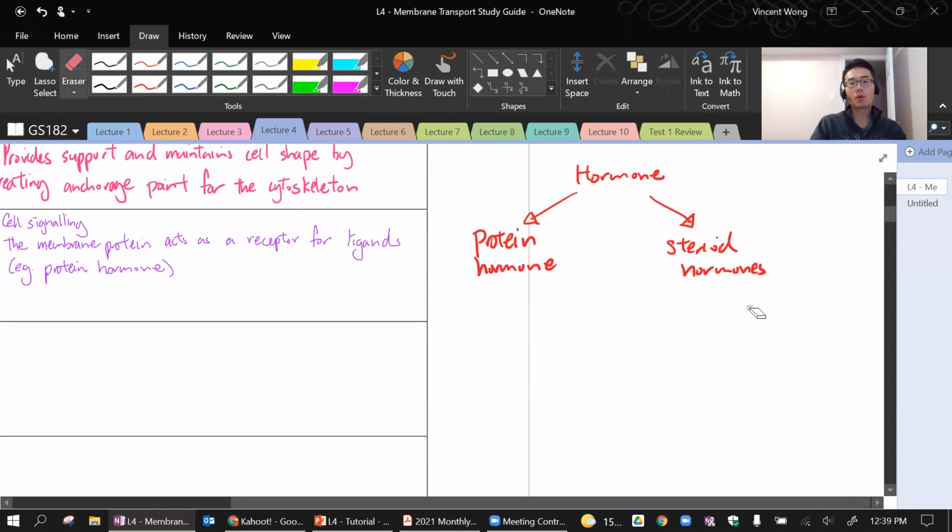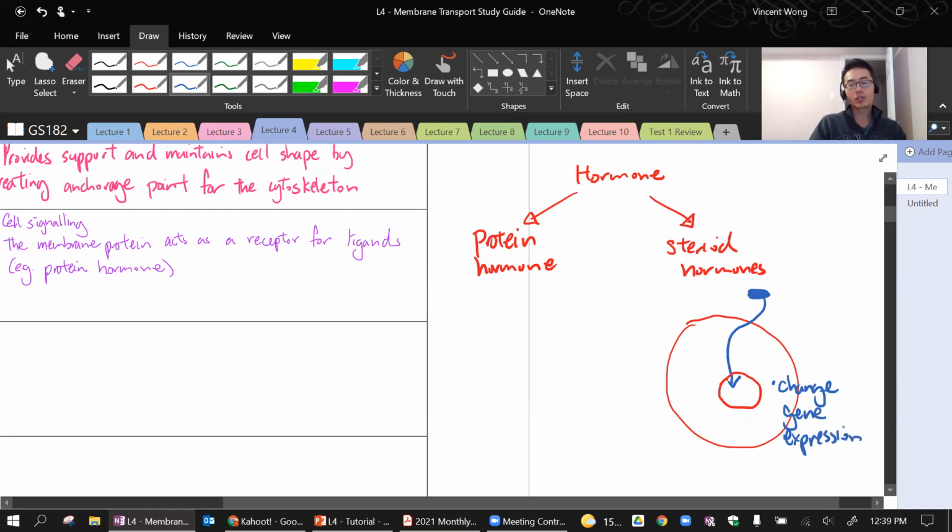So the steroid hormones will have no problem crossing the cell membrane. So here is the cell membrane, here is the nucleus, and if I have a steroid hormone, it will just go right through, and then it will go into the nucleus, and then it will change gene expression.